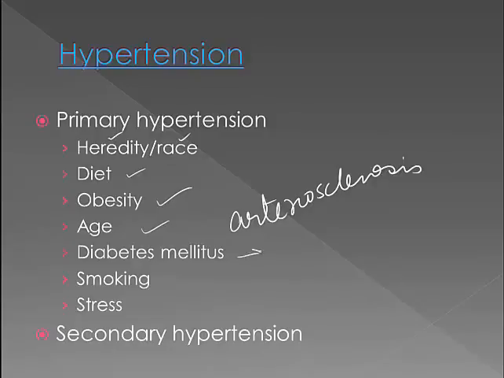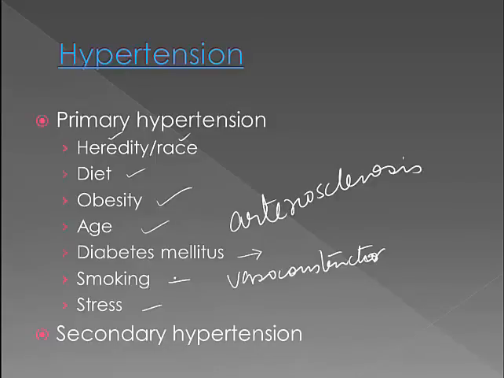Diabetes affects blood vessels all over the body, and that also can lead to hypertension. Smoking, nicotine by itself is a powerful vasoconstrictor, so that raises resistance, and plus smoking also increases cholesterol levels. Stress, because stress releases hormones like cortisol and epinephrine, norepinephrine, which are vasoconstrictors, so that could cause it.